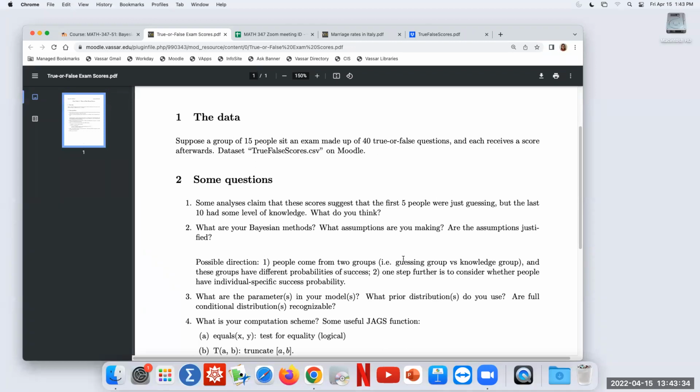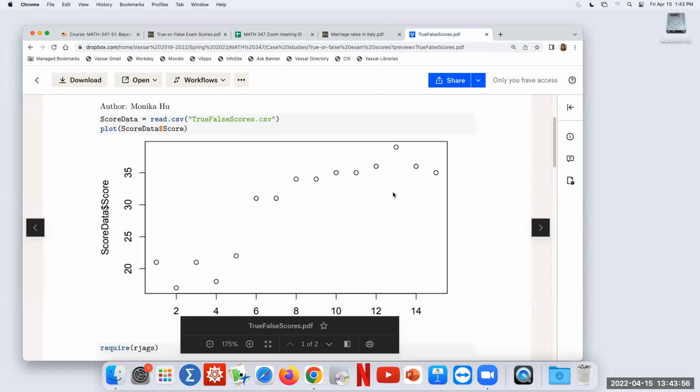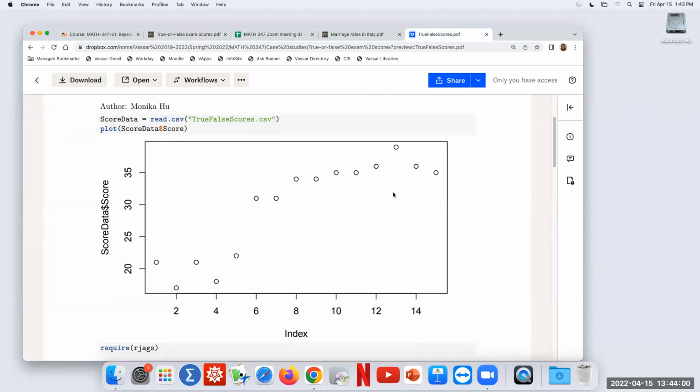So if you have 2 groups going on over here, one group is the random guessing group, the other is the knowledge group, and within them, observations are kind of independent from each other, and similar to each other. And then another idea you can consider is whether people have individual-specific success probabilities. Although right now, if we think about 2 groups, then you might have a group-specific success probability for all of the observations within the same group.